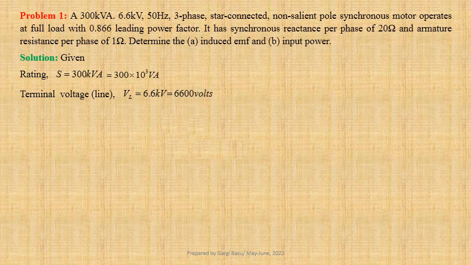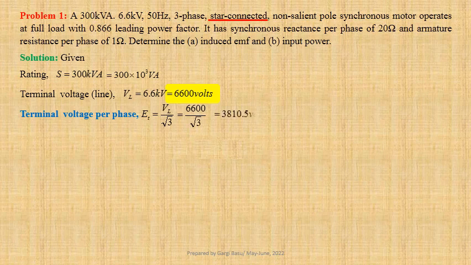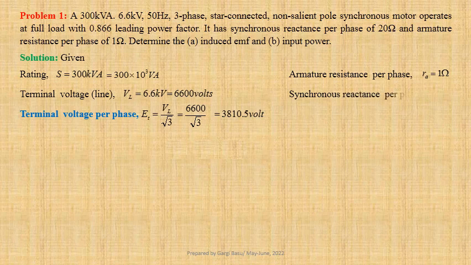Since the armature winding is star connected, terminal voltage per phase ET equals VL by root 3, that is 6600 divided by root 3, that gives us 3810.5 volt. Given armature resistance per phase RA equals 1 ohm and synchronous reactance per phase XS equals 20 ohm. Operating power factor cos phi equals 0.866 leading.